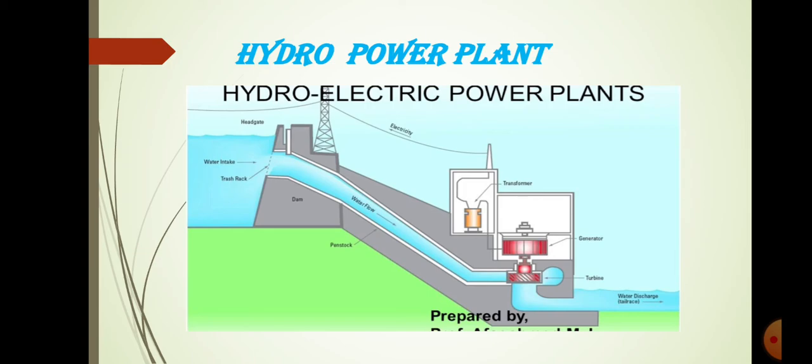But it also has disadvantages, children. We are having good rain, so water can be stored, and using hydroelectric generators we can produce electricity. What disadvantage could there be, we may think. But the construction of big dams itself has certain problems, children. Why? Because the construction of dams requires a very large area.